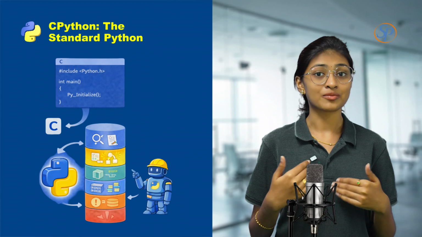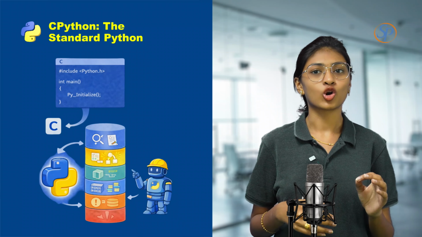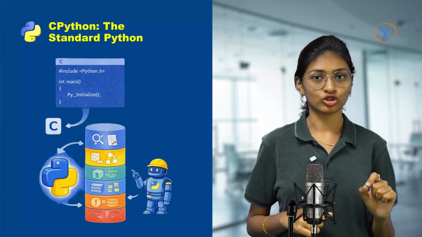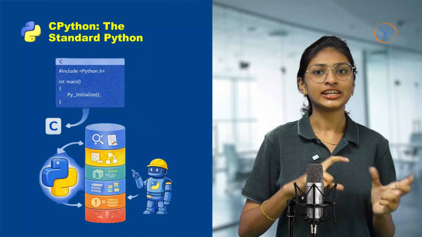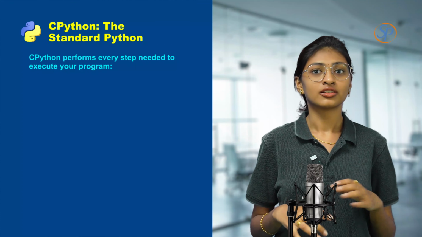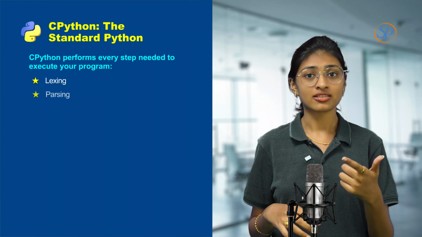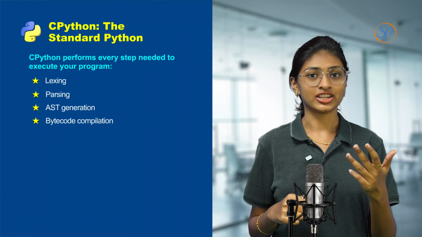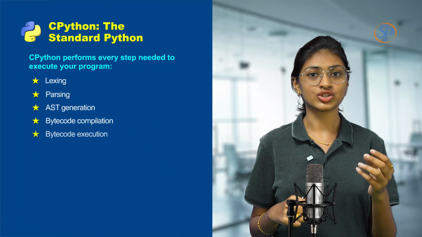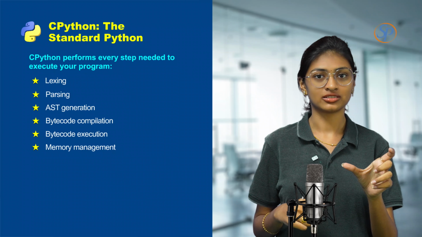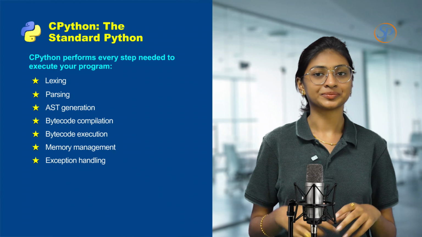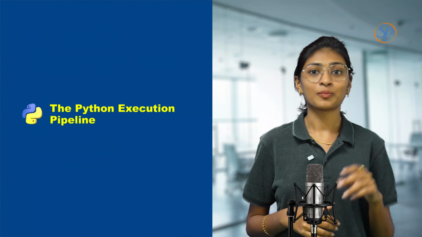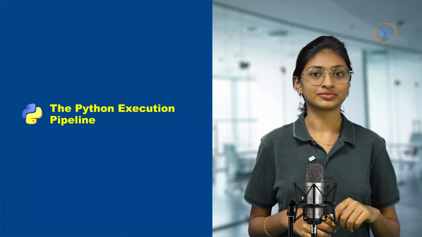When people say I'm running Python, they are almost always running CPython. CPython performs every step needed to execute your program: lexing, parsing, AST generation, bytecode compilation, bytecode execution, memory management, exception handling. Everything happens inside the same environment, the Python execution pipeline.